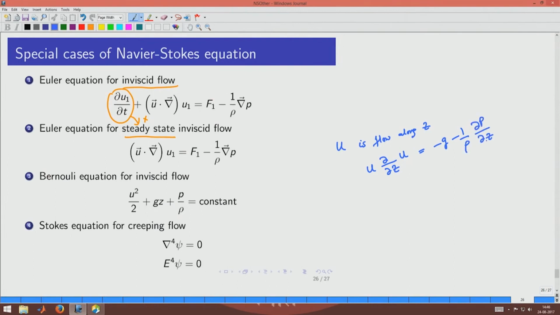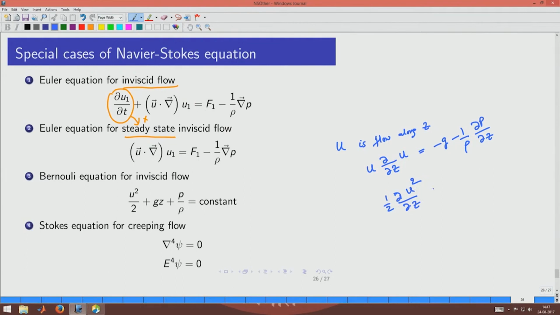So, what we do now is integrate this. If you take u in, you could write it as half dou u square by dou z, because if you differentiate you get 2u.